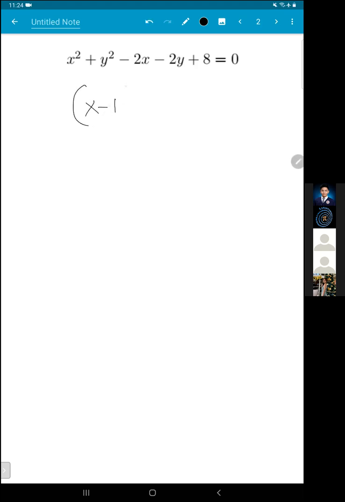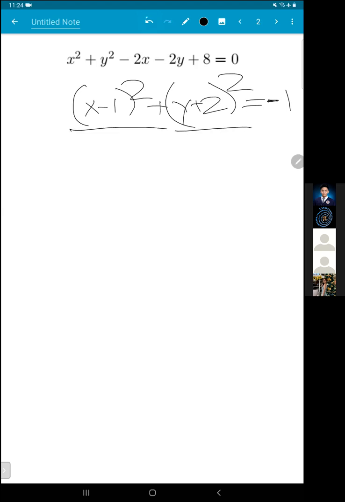Kasi kapag halimbawa we have x minus 1 squared, diba, plus y plus 2 squared equals negative 1. Let's say you complete the squares and that's what came out. Then the negative number on the right-hand side tells us there's no solution. Since you have a sum of squares and squares are always positive. So that means there's no point that satisfies the equation and therefore its graph is empty or the null set.